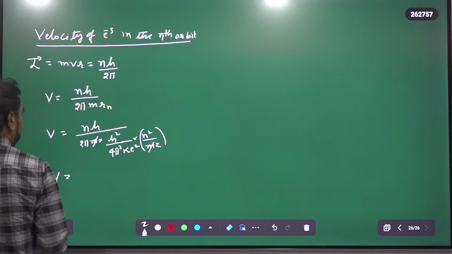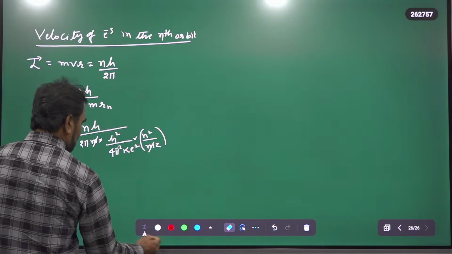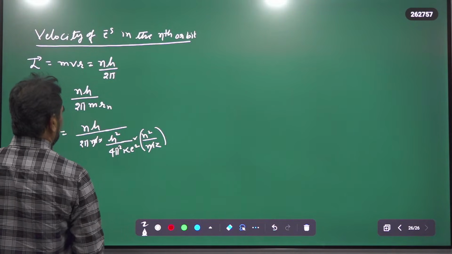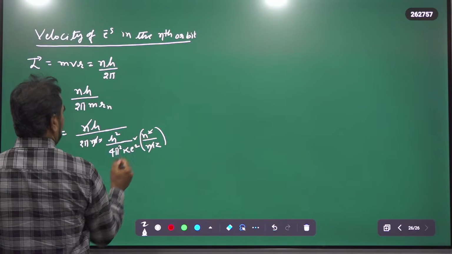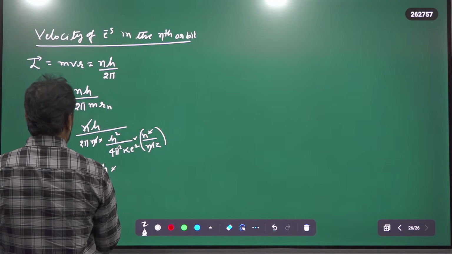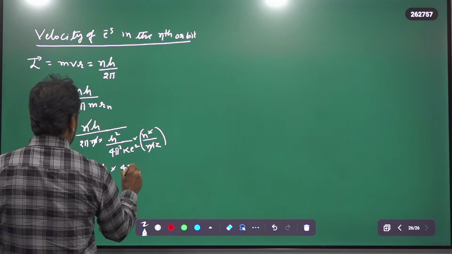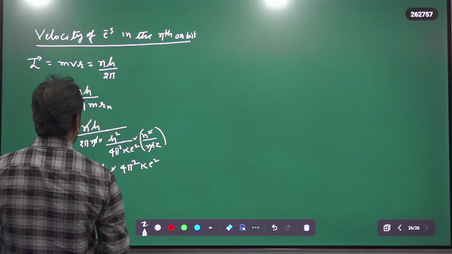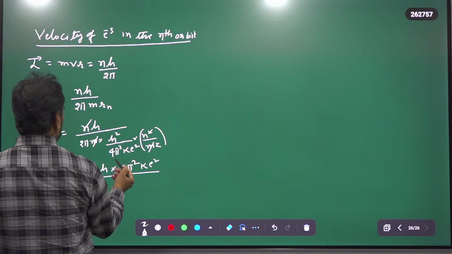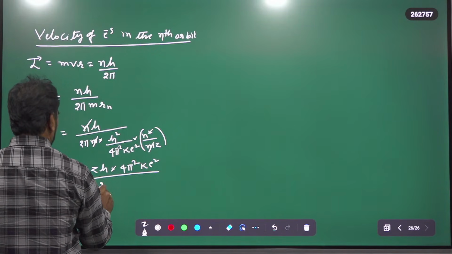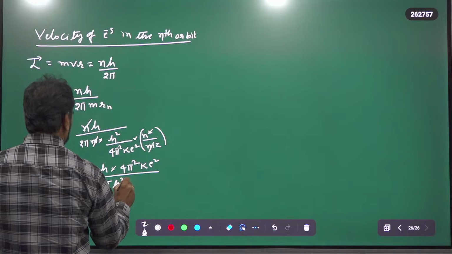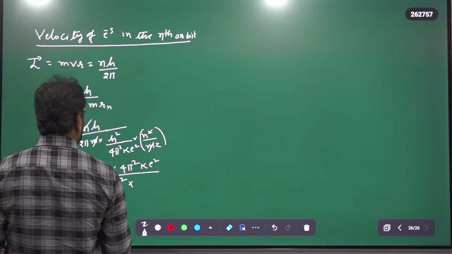V is equal to, one n square and one n also get cancelled out here, z into 4 pi square k e square upon 2 pi into the remaining term h square into n.